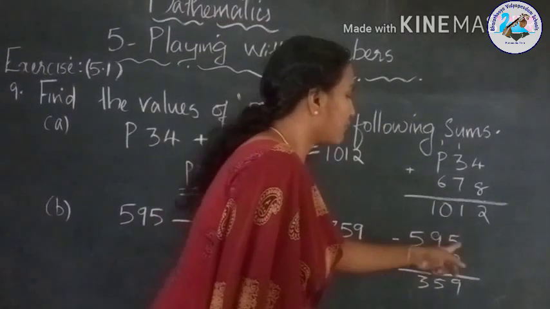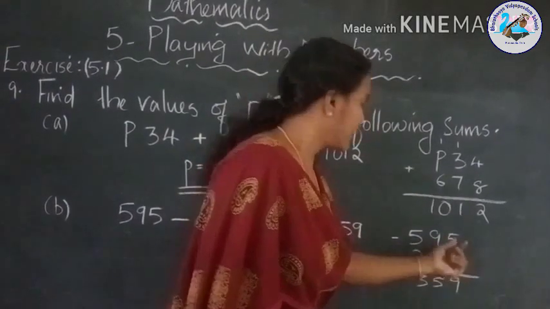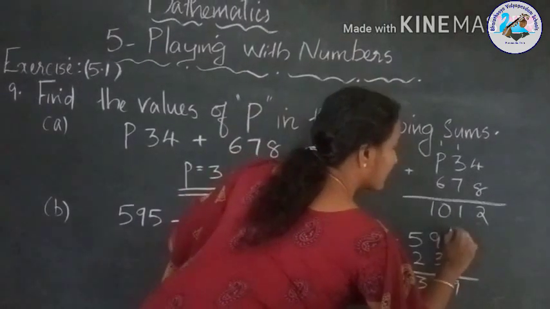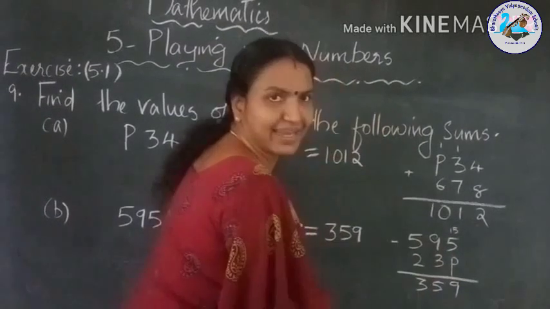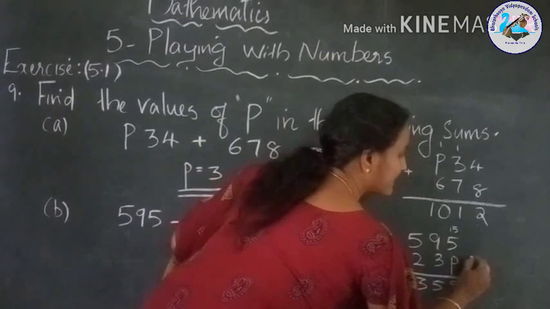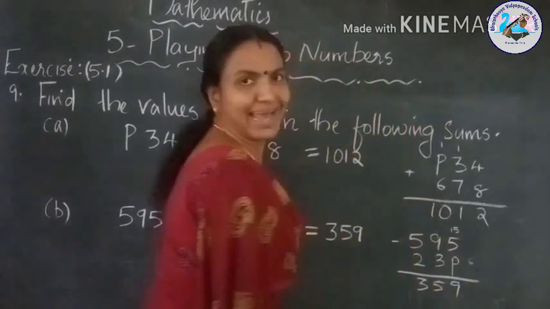5 minus something is 9, so that is not possible. So 15 minus something is 9. 15 minus 6, yes, P is equal to 6. 15 minus 6 is equal to 9.